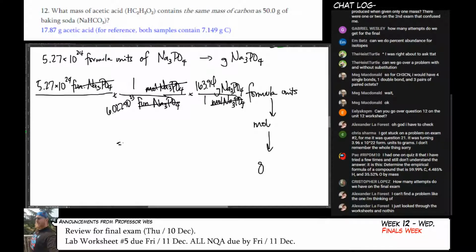So we would type all this into the calculator. We should get a reasonable number, since times 10 to the 24 and times 10 to the 23 are dividing by each other. Times 163.94 over Avogadro. And I got 1,430 grams. That checks out. I picked a really big number.